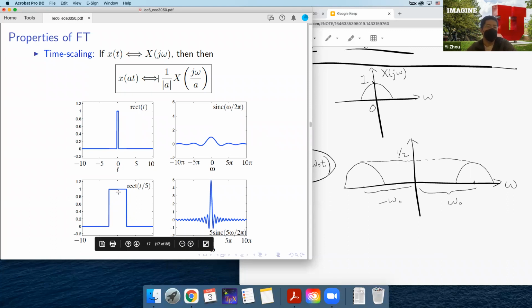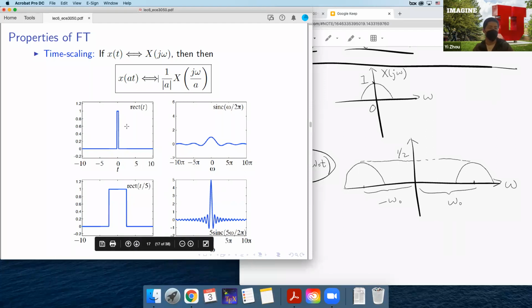And the intuition is that if your signal becomes wider, that intuitively means that your signal is more likely to be low frequency. So the spectrum will be concentrated in the low frequency domain. Right?